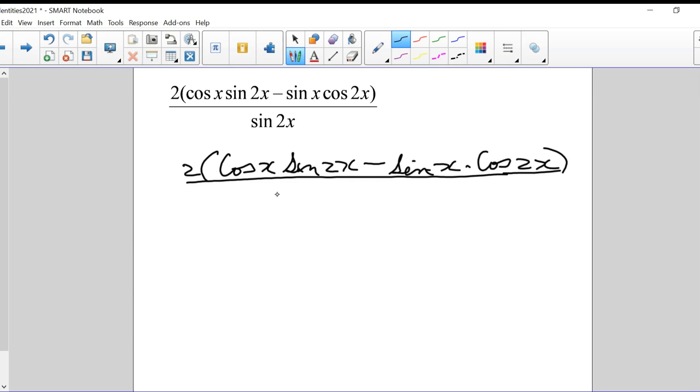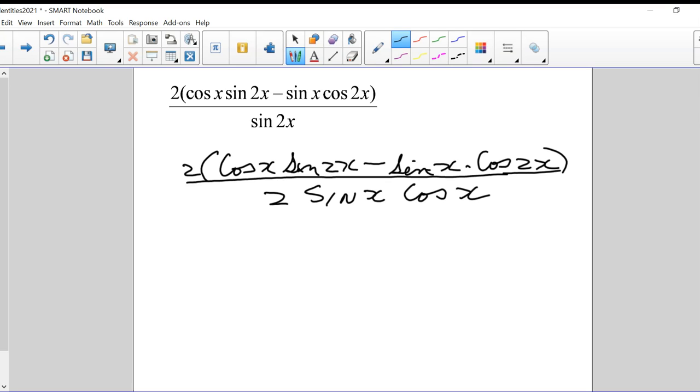But I'm going to change the bottom into 2 sine x cos x. I'm mixing cursive and script at the same time.